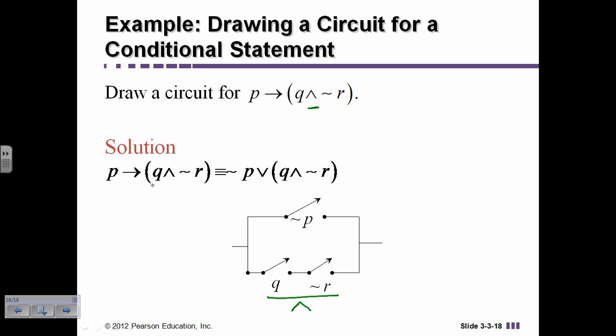Now what we have down here is we're showing, using our rules, that P implies Q is the same thing.